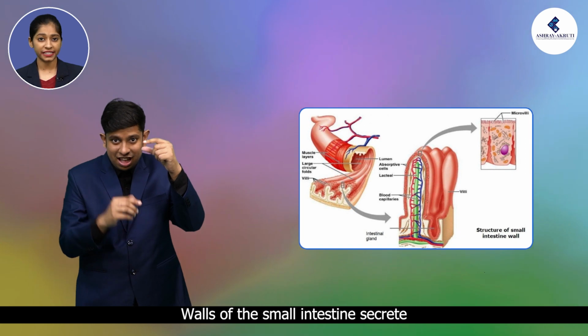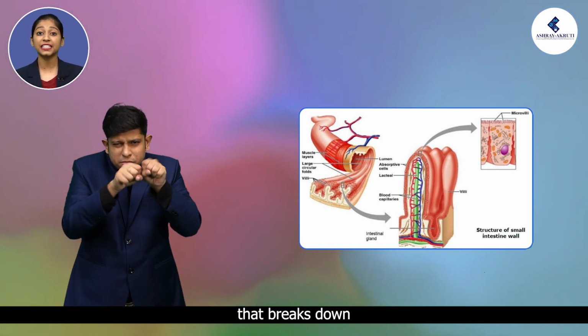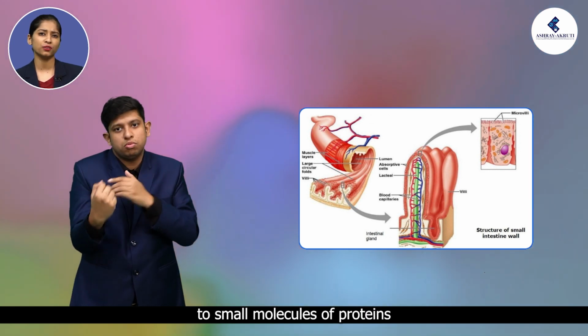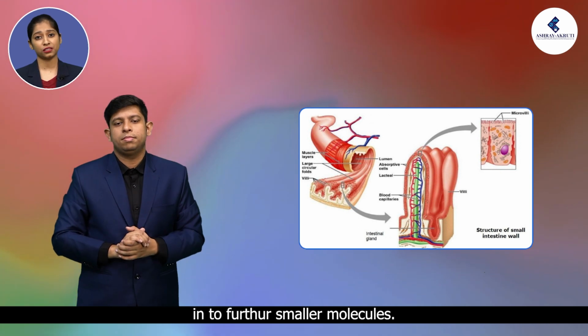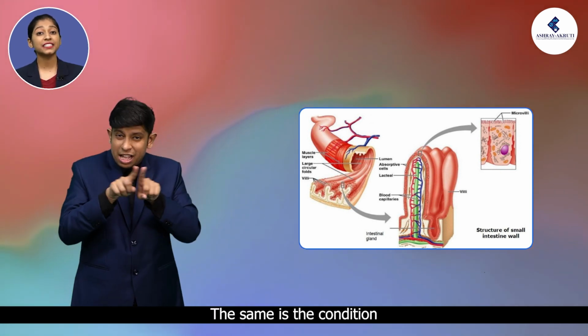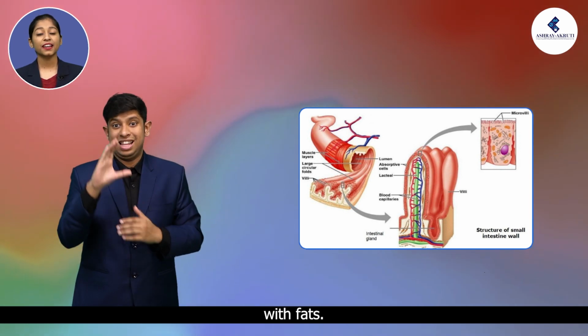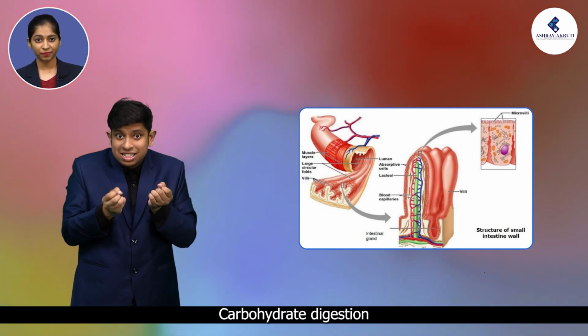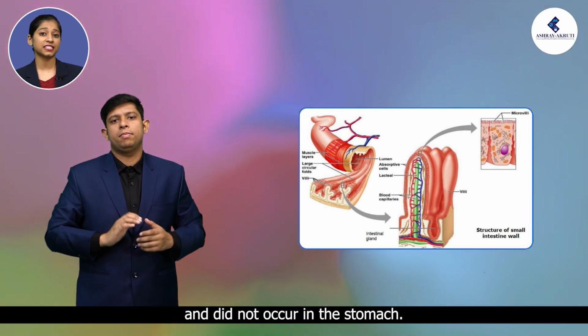Walls of the small intestine secrete intestinal juice that breaks down the small molecules of proteins into further smaller molecules. The same is the condition with fats. Carbohydrate digestion started in the mouth and did not occur in the stomach.